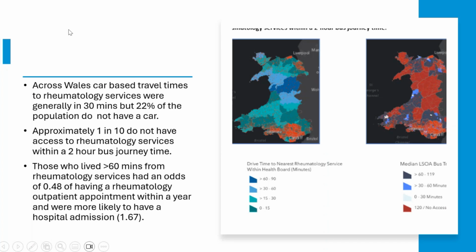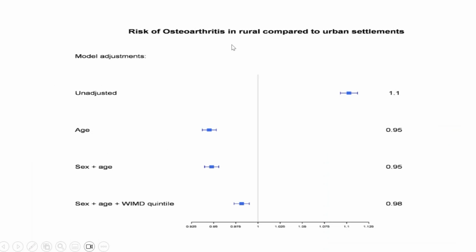Although health professionals for people living in rural communities did see more people who had osteoarthritis, once you adjust for age, deprivation, and gender, they're actually not at higher risk. They're pretty much at equal risk.